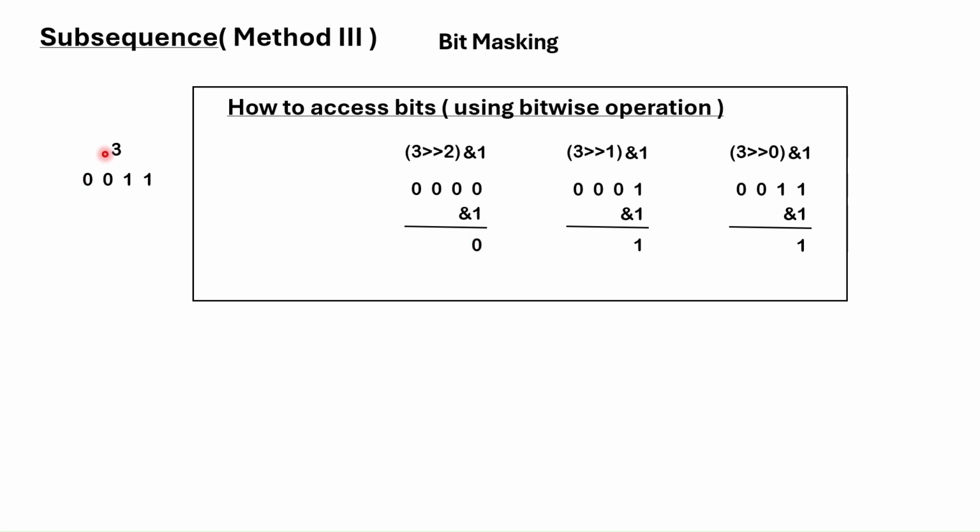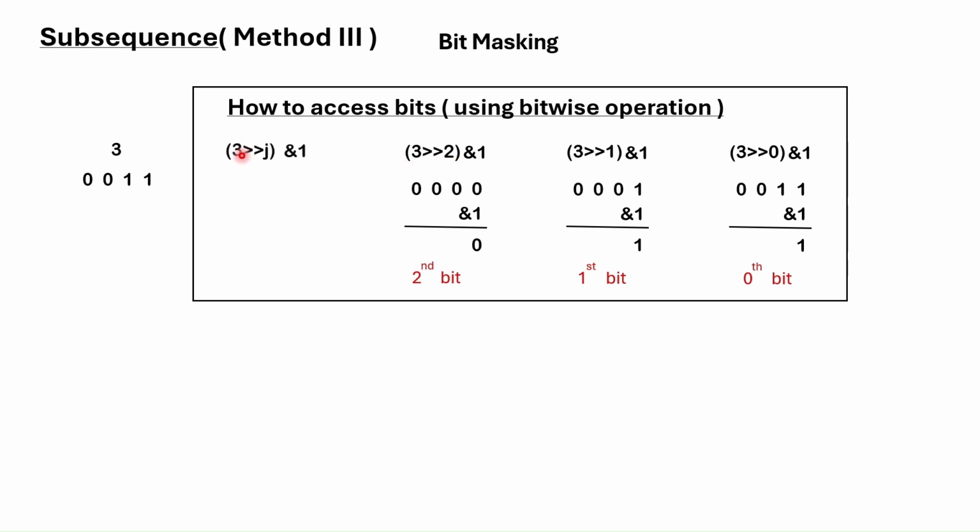Now observe, for 3 we have 0 1 1, and I am also getting 0 1 1. So by observing, we can say that 3 right shift 0 and 1 will give me the 0th bit of 3. 3 right shift 1 and 1 will give me the first bit of 3. 3 right shift 2 and 1 will give me the second bit of 3, and that is 0.